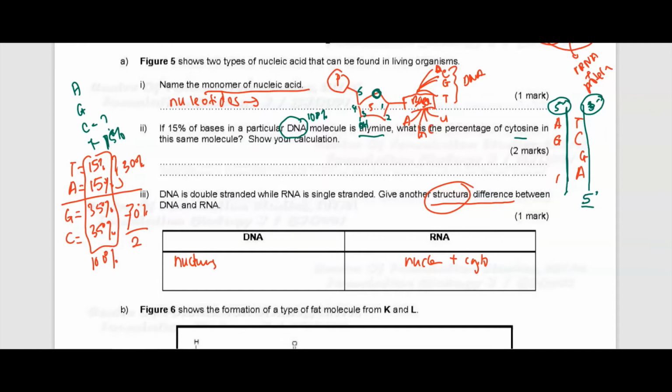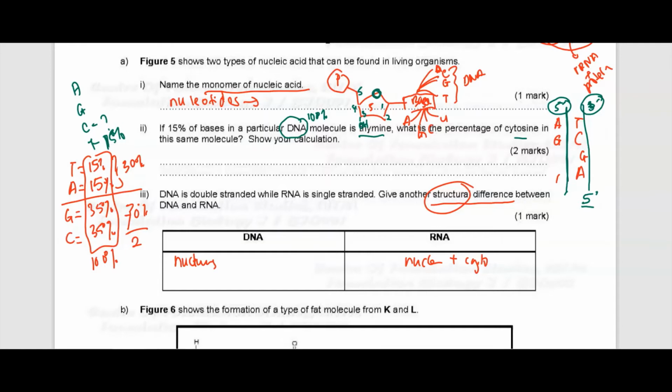RNA, the size is smaller or shorter as compared to DNA, which is longer or larger. So that is one obvious difference between RNA and DNA.